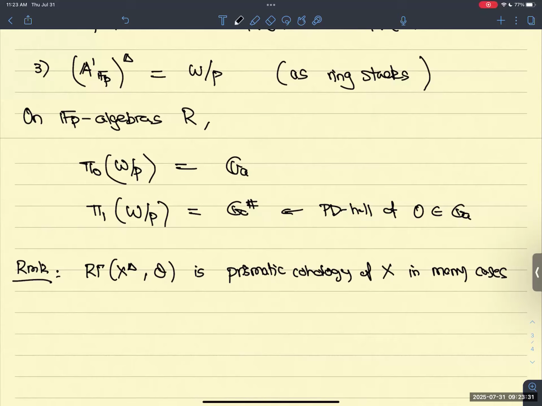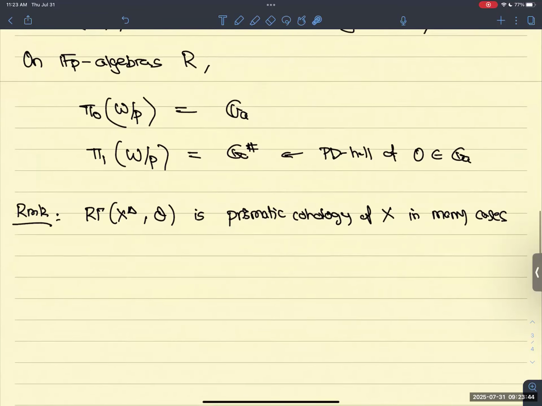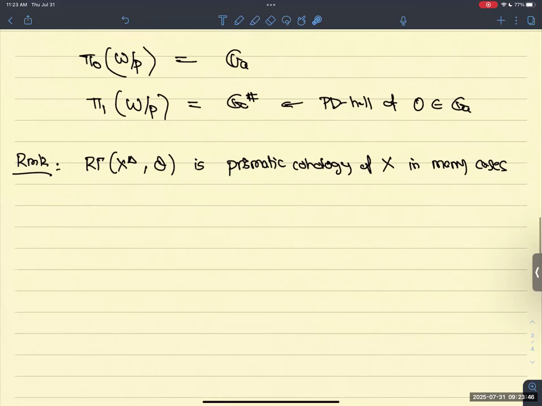Okay, so those were some general comments about what the prismatization is. I gave you the definition and some examples. What I want to do next is talk about some applications of this and in the process tell you a little more about what these stacks are. I'm going to first talk about applications to de Rham cohomology, and then applications to Galois representations. Okay, so let's turn to de Rham cohomology.